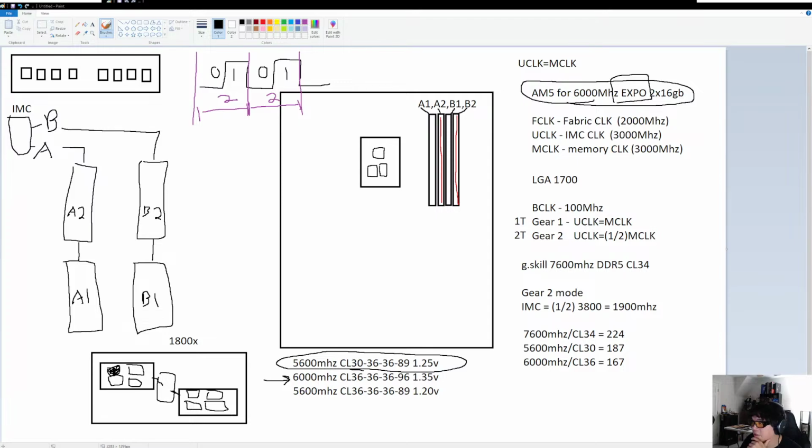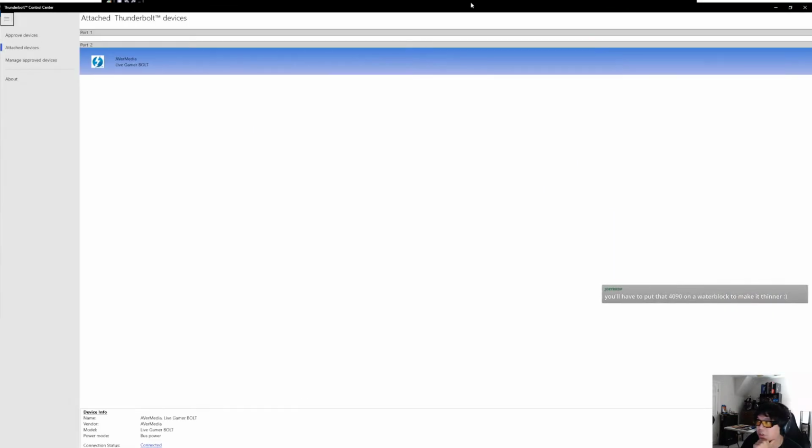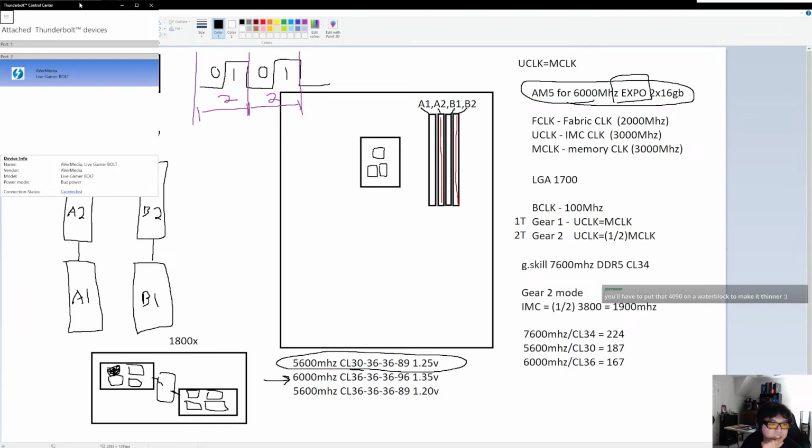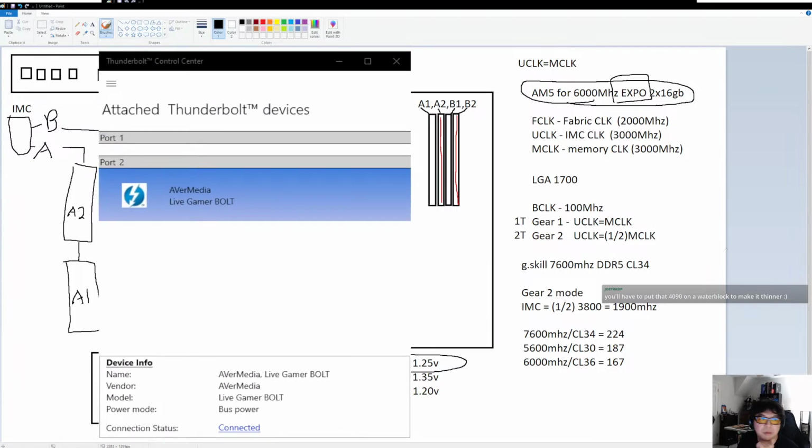Okay, check this out. You can see right here, I don't know how clear it is. Let me make it a little bit larger. This is my Thunderbolt control center on my AMD AM5 motherboard running full Thunderbolt.